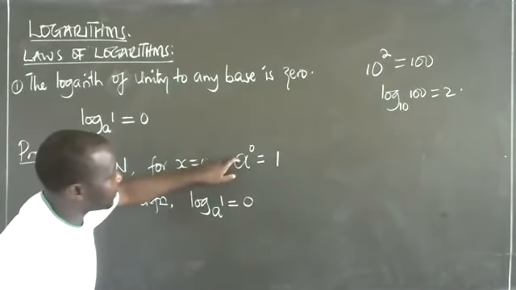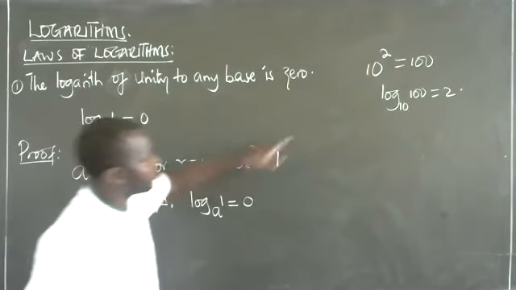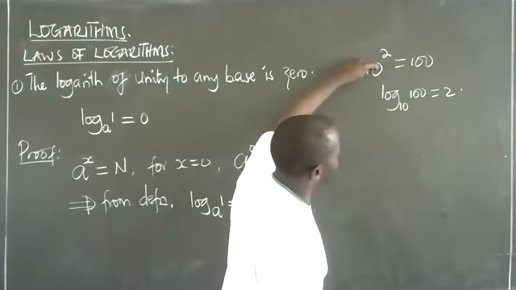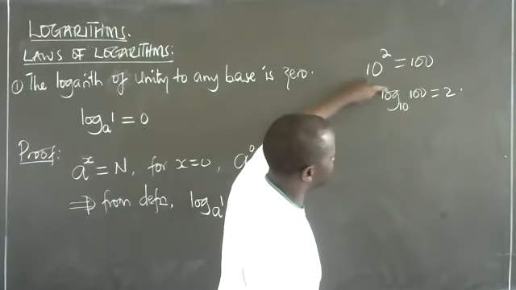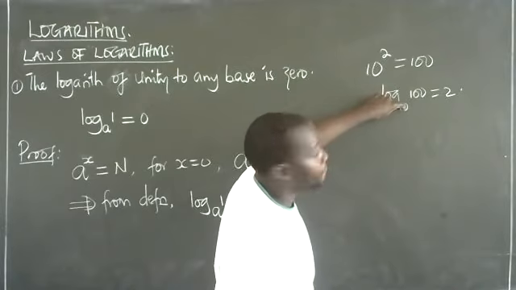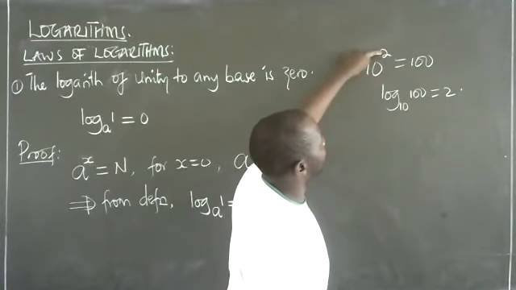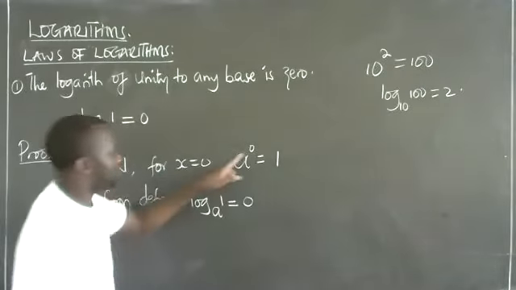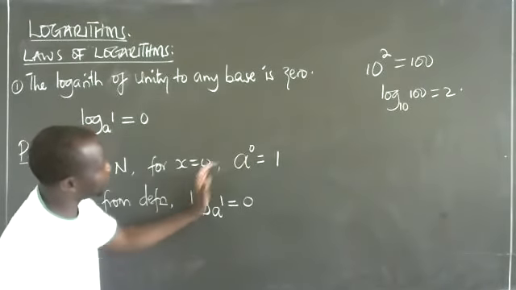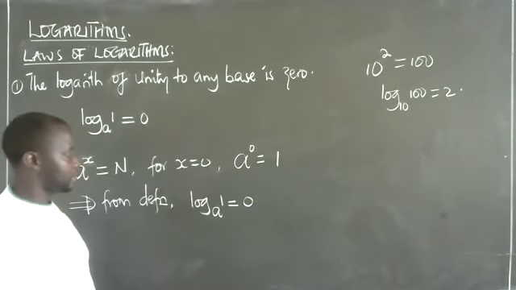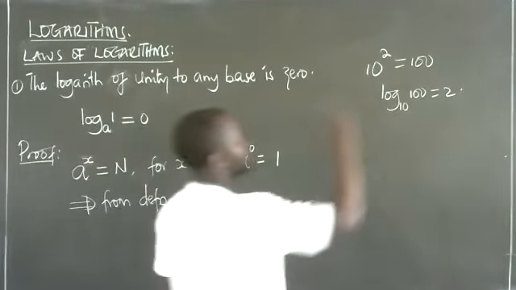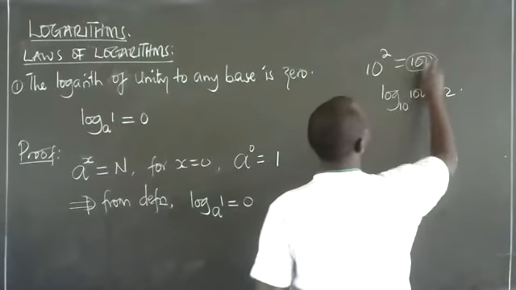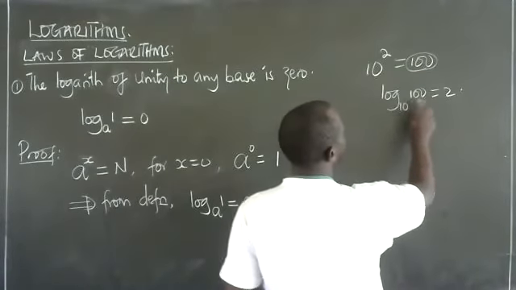What is the base? This side remains the base of the log. See here, the base is 10. It remains the base of the log. And what was the power goes to the other side of the equal sign. So the 0 will be on the other side of the equal sign. And what was on this side, the 100, is the one which comes here.